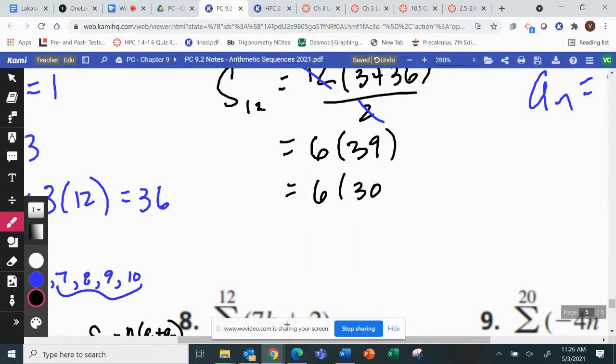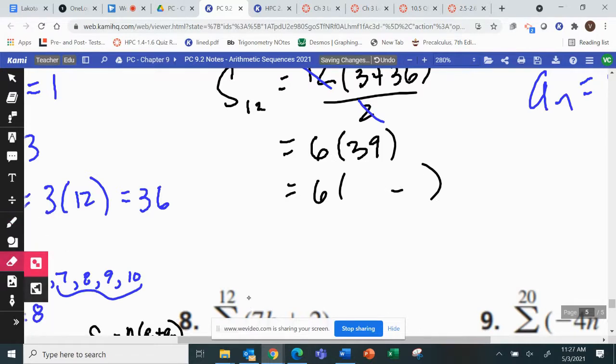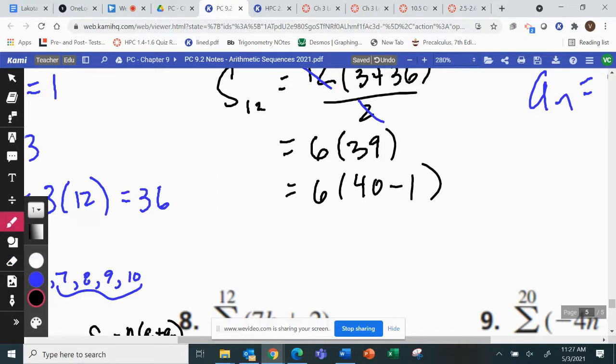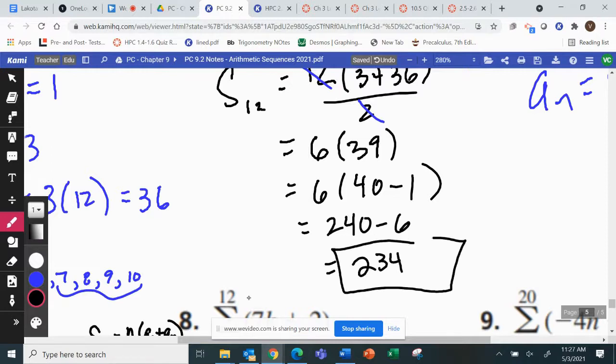I'm going to do 30 plus 9. Actually, there's an easier way to do this one. You can do 30 plus 9, that's totally easy. But I'm going to do 40 minus 1. Doesn't that make 39? What's 40 times 6? 240 minus 6 times 1, 6. So 234 cards.